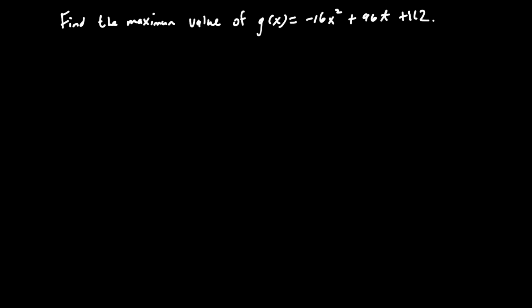Let's go ahead and find the maximum value of the given quadratic function. Here we have our function, and one thing we know about this is that this parabola is going to open in the downward direction.